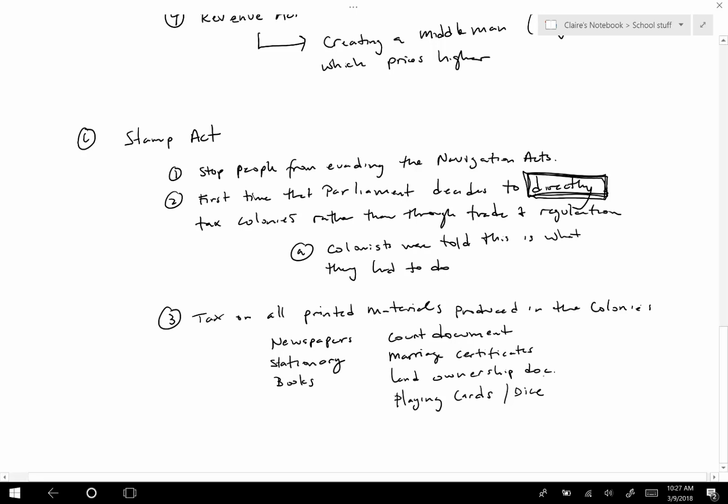was now taxed. Now, some stuff, like newspapers, posters, books, playing cards, stationery, it's not as big of a deal, because there's no consequence to purchasing a non-taxed item.